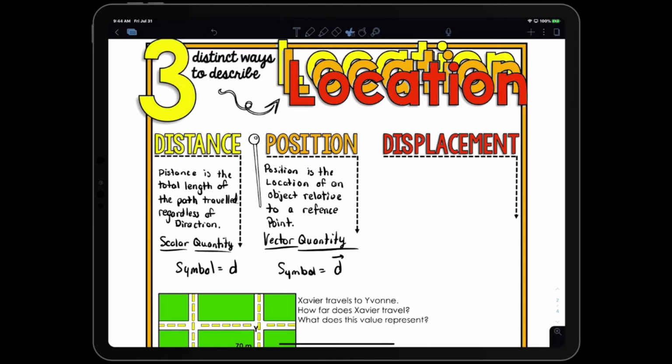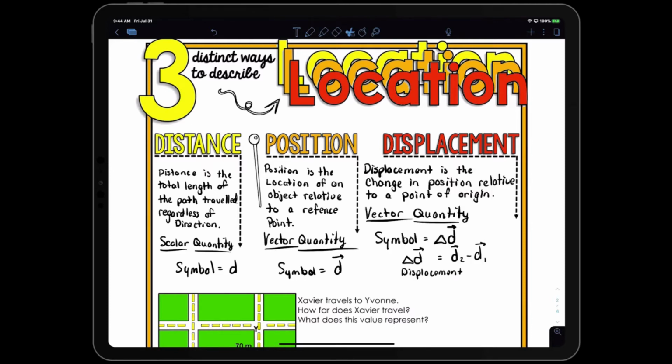Our third way that we can describe location is to use the term displacement. Now, displacement is going to be the change in position relative to a point of origin. This morning when you got up, and again, let's just pretend that you live 5 miles from the school. When you left your house, your point of origin was your house. That's your 0, all right?